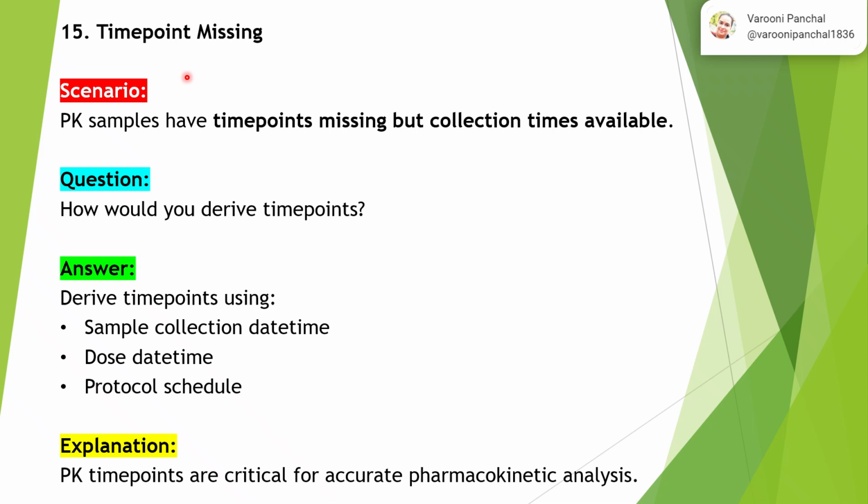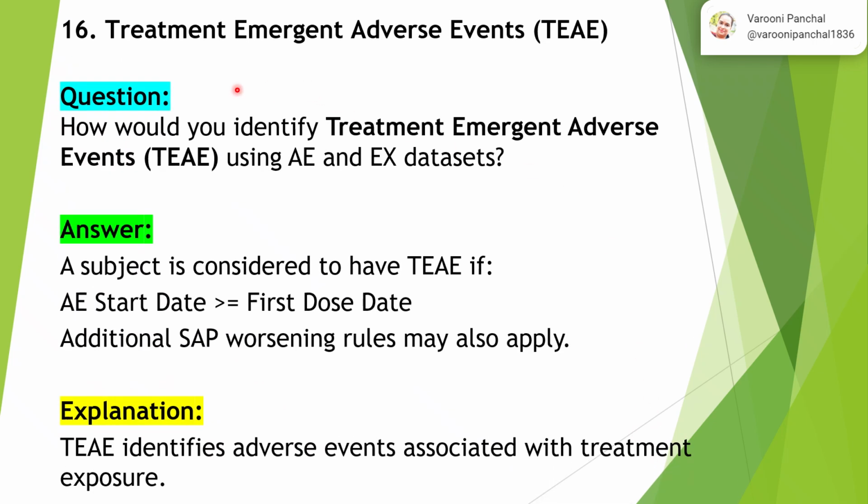Number 15. Time point missing. PK samples have time points missing but collection times available. How would you derive time points? You can derive time points using sample collection date time, dose date time, and protocol schedule. PK time points are critical for accurate pharmacokinetic analysis. Number 16. Treatment emergent adverse events, TEAE.